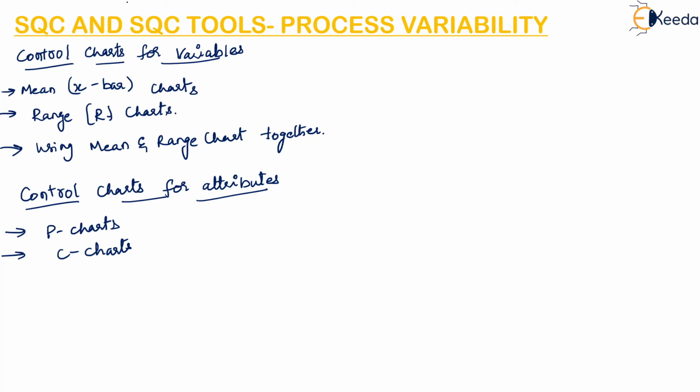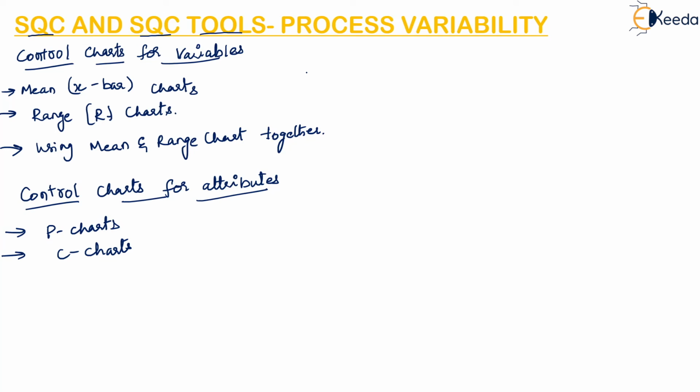So this is about the SQC, that is the statistical quality control tools. We have discussed the different types of statistical control categories: the descriptive statistics, then statistical process control, and the last one, acceptance sampling. All these categories have certain tools.